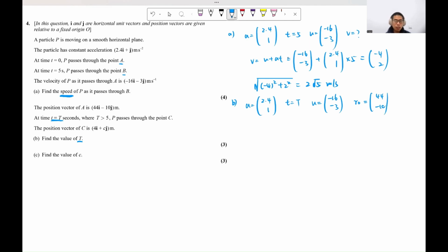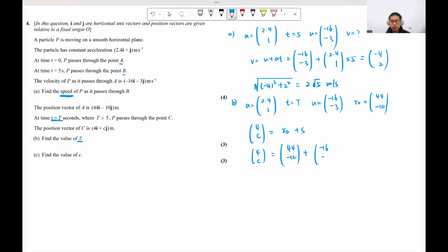If we know the final position, which is 4 and then c, the final position is equal to the initial position plus the displacement. So 4, c is equal to the initial position 44, -10. And for the displacement, because we know u, we know a, we know t, it has to be ut plus half at squared.